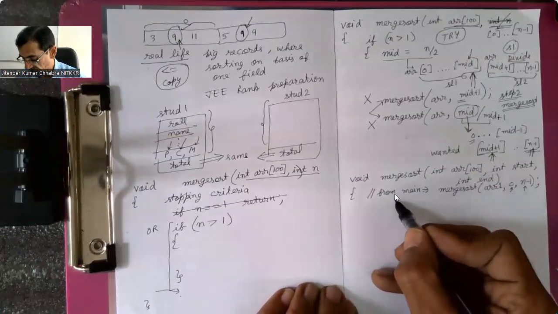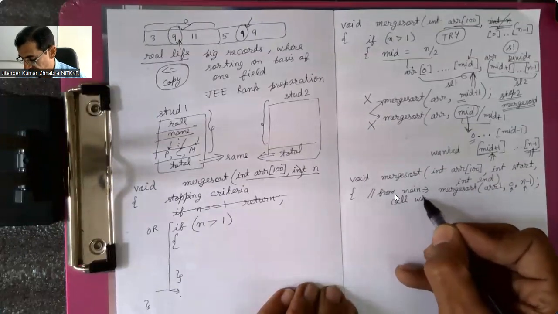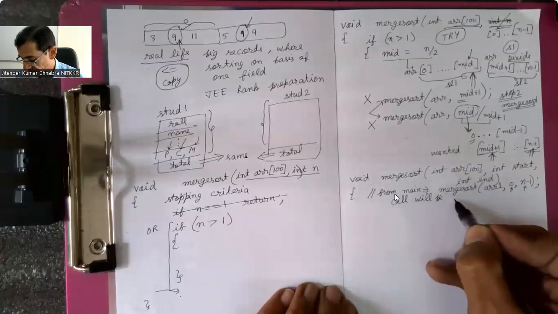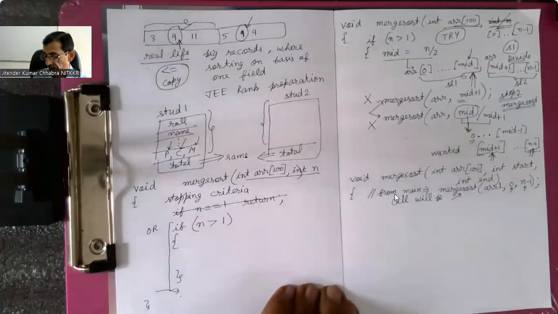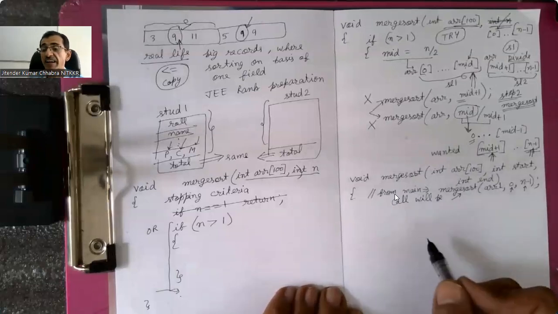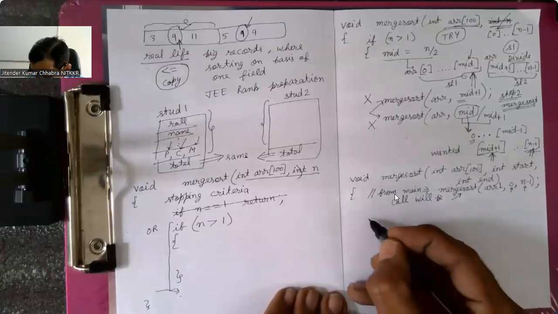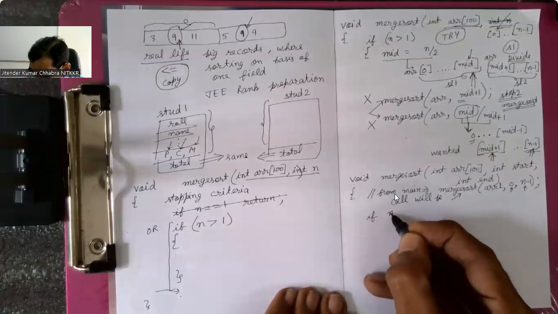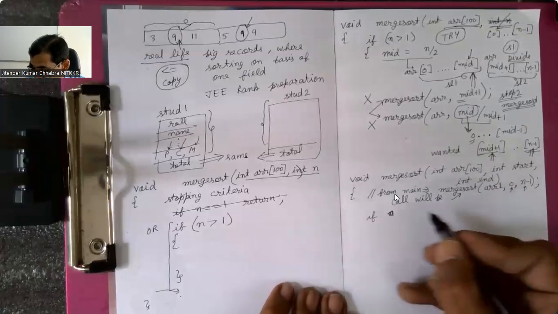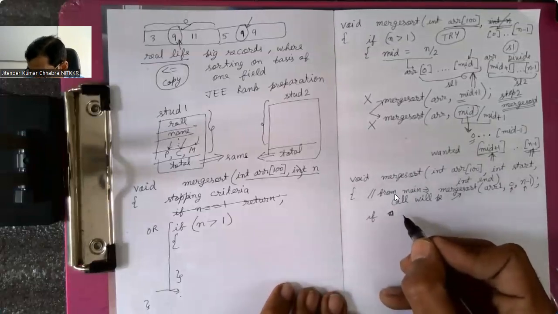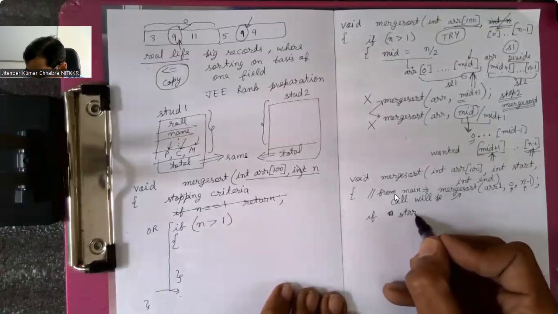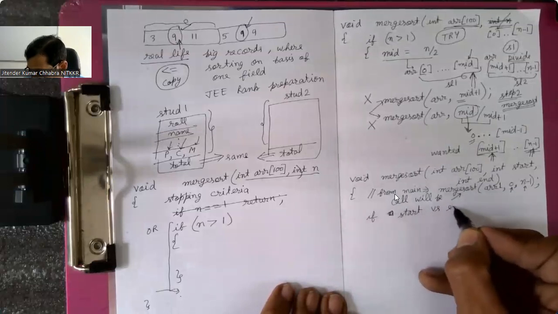So from the main, call will be like this. That automatically will send start and end as correct value. Now, here you will say if n greater than 1. Now, it's not n versus anymore, so it has to be start versus end.